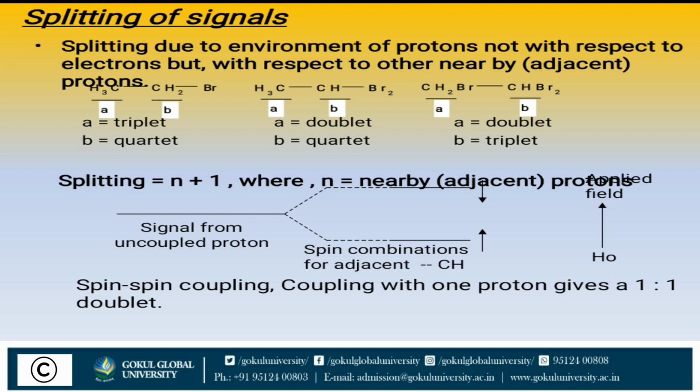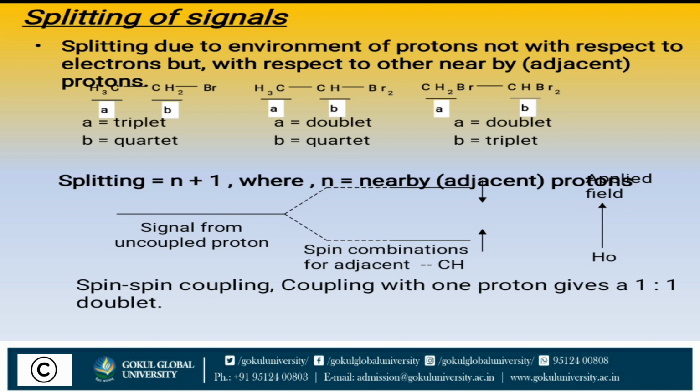The splitting of signal is n plus 1, where n is the number of protons, which is 1, 2, 3, 4. I think 4 is enough because carbon has a valency of 4. So n is equal to 1 to 4, plus 1. In other groups n can be more, but mostly n plus 1 is 1 to 4.